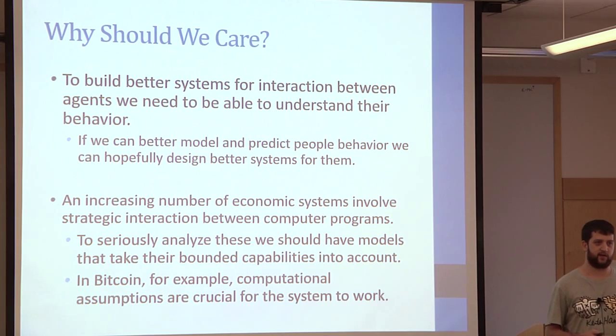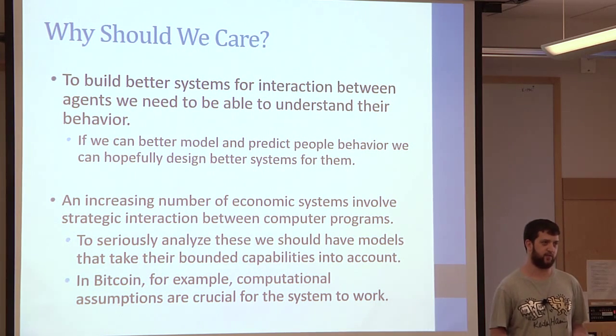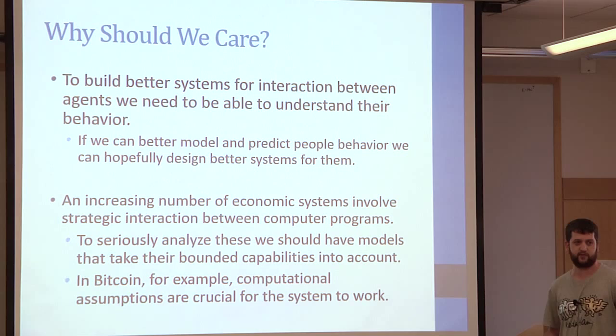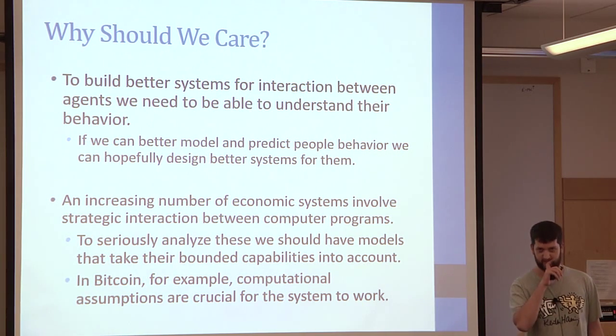The second reason is that there are tons of economic systems out there right now that are actually being played by computer programs, be it high-frequency trading or, an even better example, Bitcoin, where making computational assumptions is actually what makes the system work. To be able to seriously analyze these systems, we should have the appropriate model that captures the agents' capabilities.